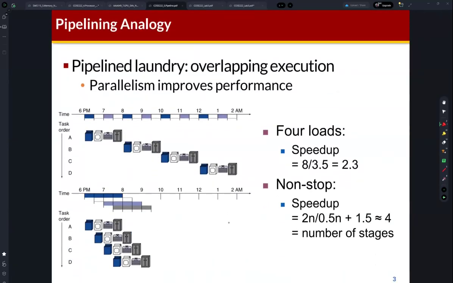Actually this pipelining concept is not difficult, because we are already using this pipelining concept in the real world. Also in the real world, performance is a very critical issue, right? So we are already employing this pipeline concept in the real world. Let's think about this analogy, the pipelining analogy.